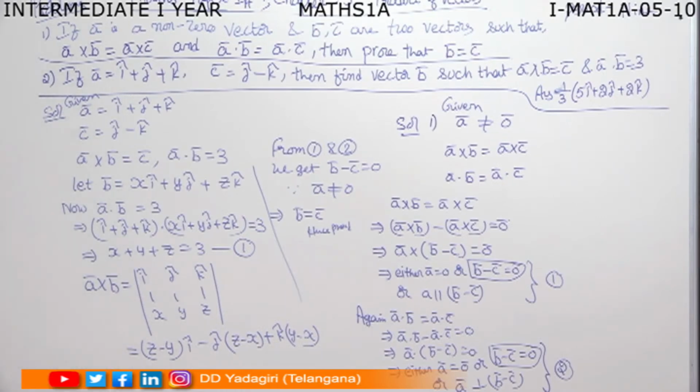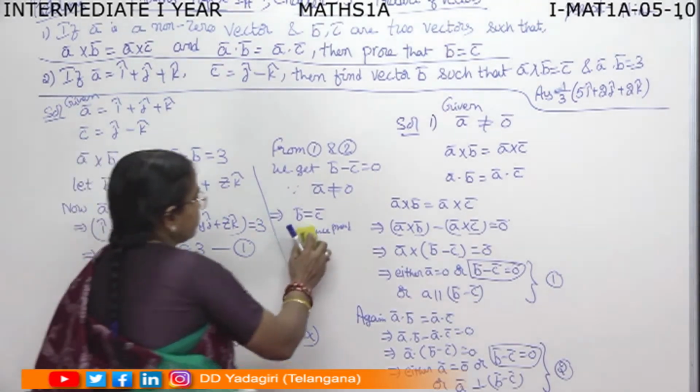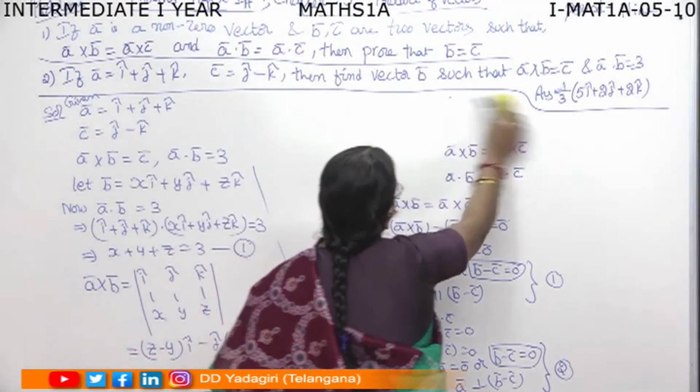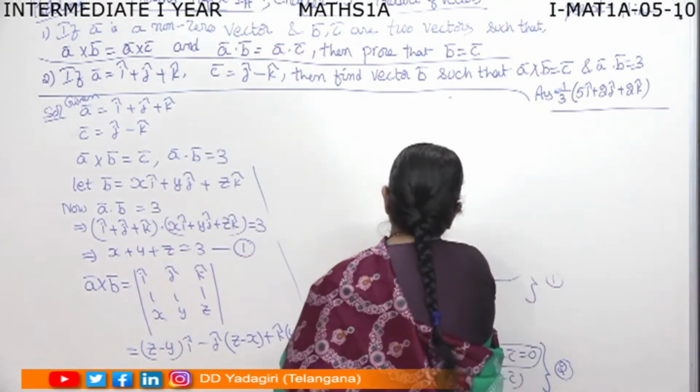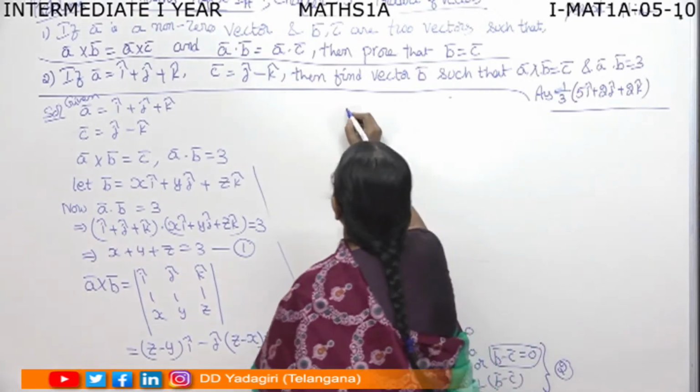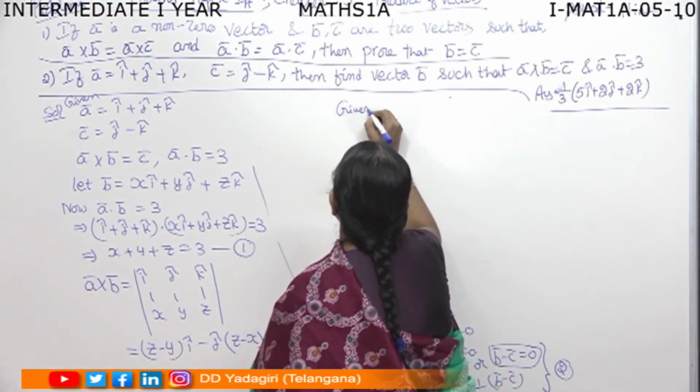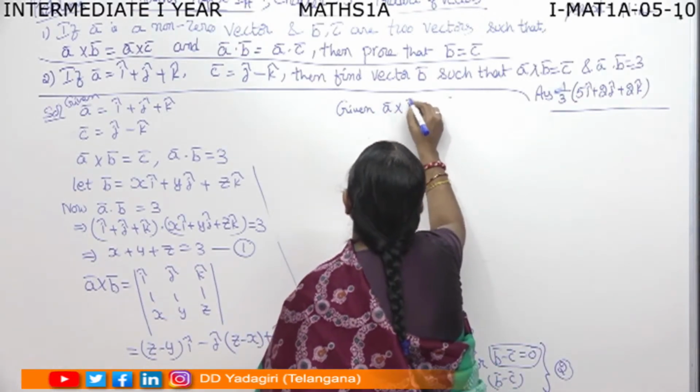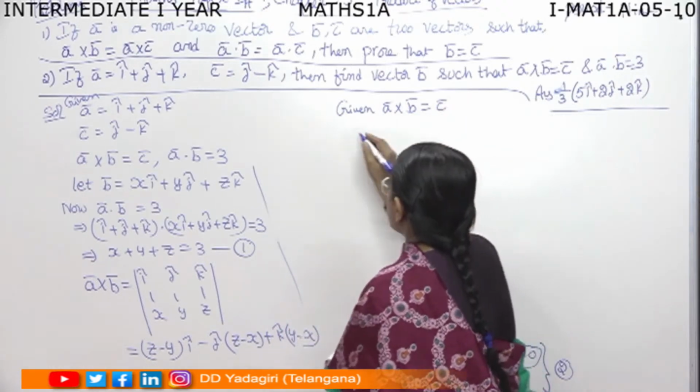Now what is given? You are given A cross B is equal to C vector. So what is A cross B?